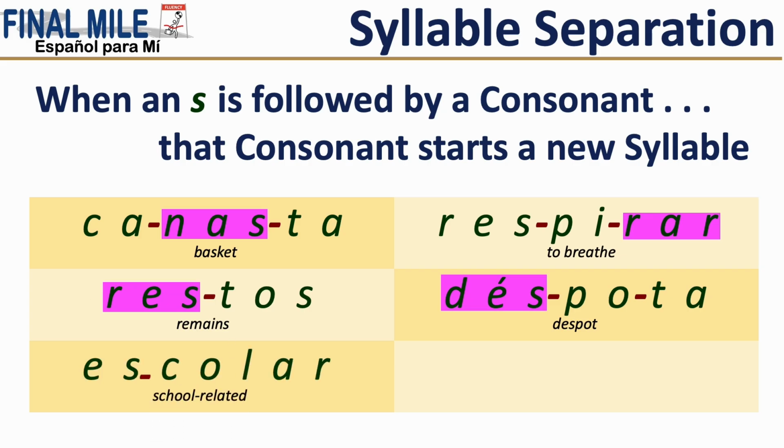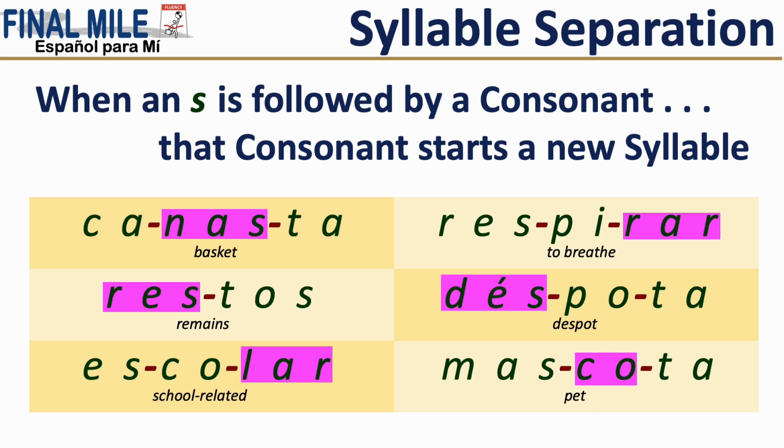S followed by a consonant. Pronunciation emphasis. Escolar. S followed by a consonant. We break it. Two more basic syllables. Pronunciation emphasis. Mascota.